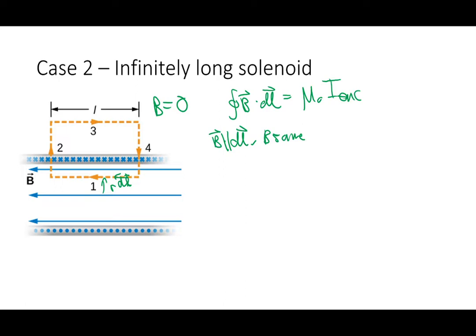So let's take apart each part as we go around the loop. Let's do the easy bit first, which is this bit. Everywhere outside, all this stuff, because B is equal to 0, then your integral of B dl must be equal to 0 at those points.